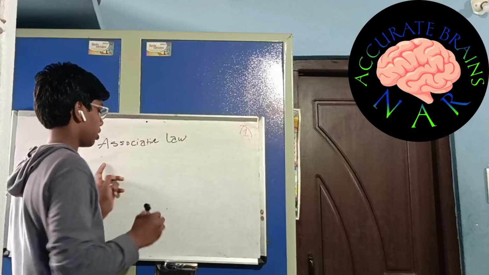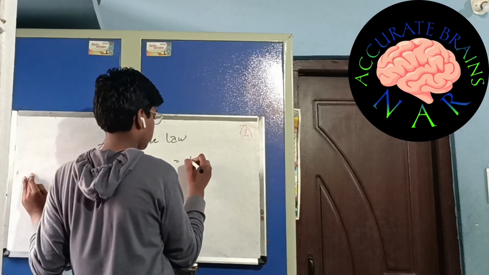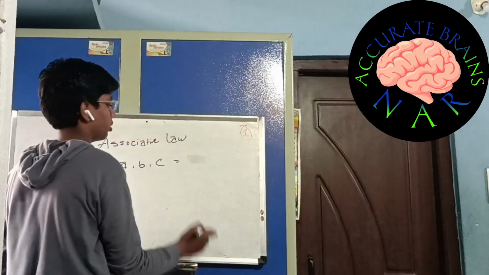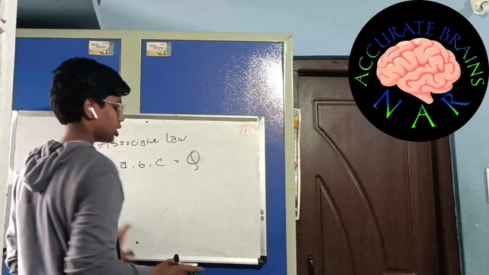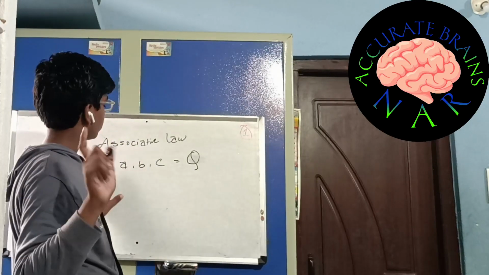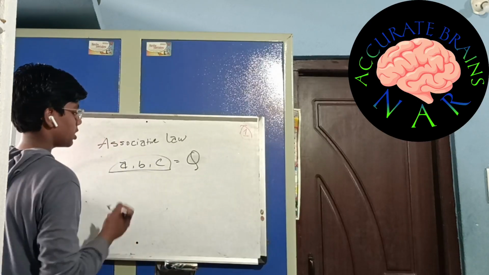So if we take A, B, C as rational numbers, which are denoted by Q, as I covered in the basics of mathematics, then A, B, C are rational numbers.